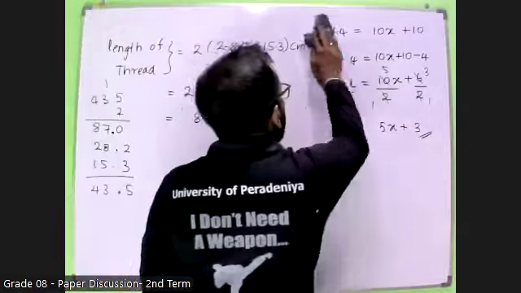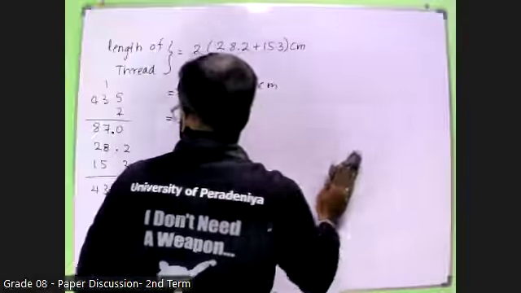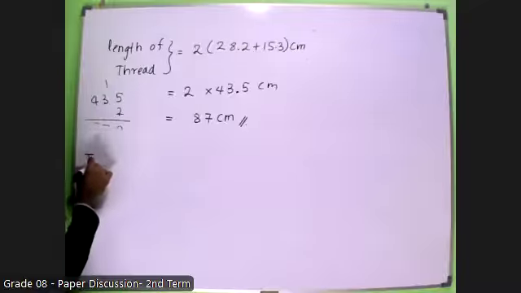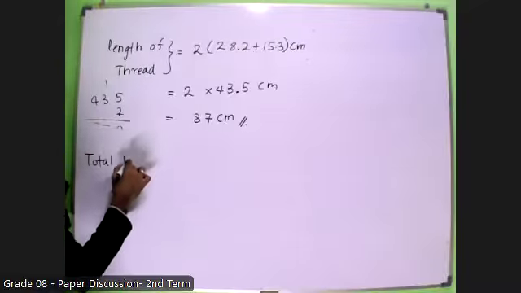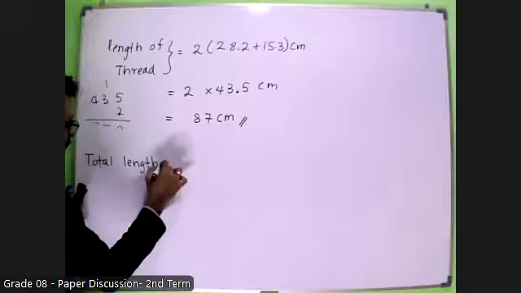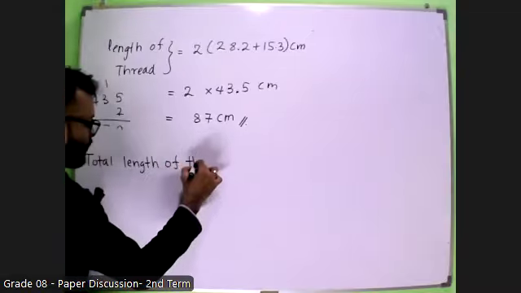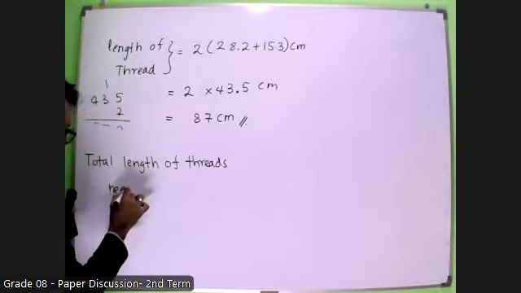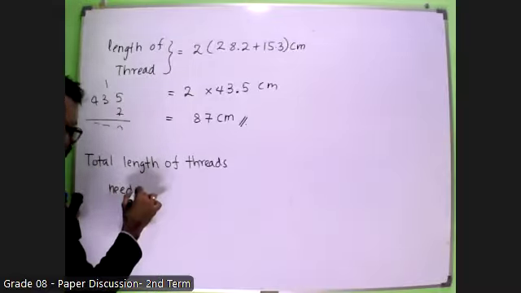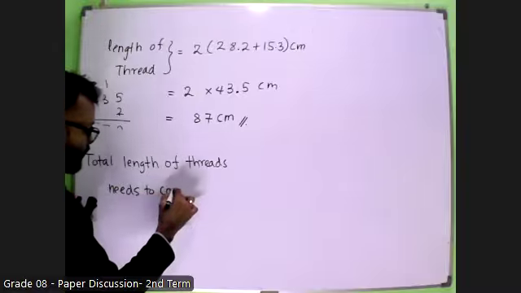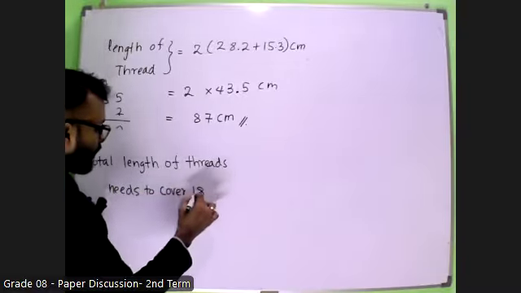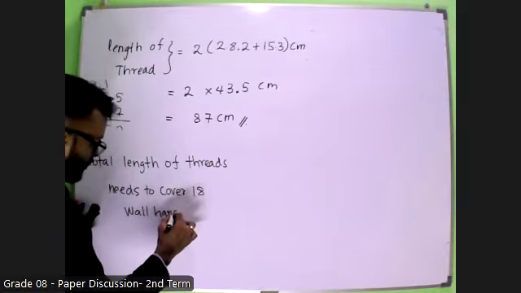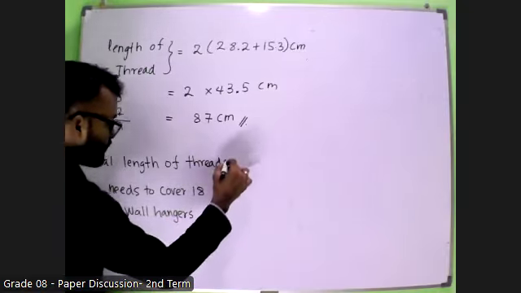So I can write: total length of threads needed to cover 18 wall hangings.